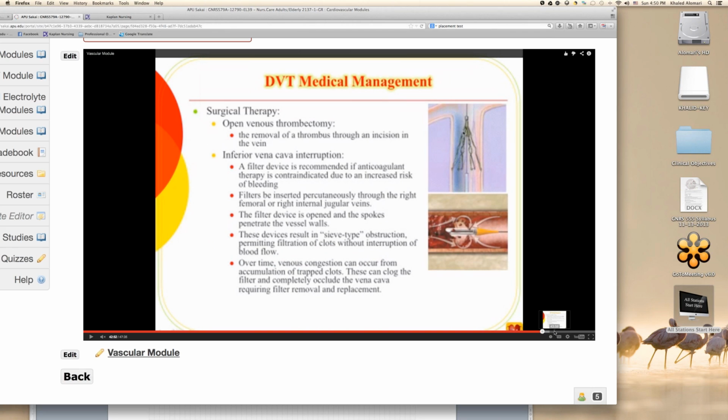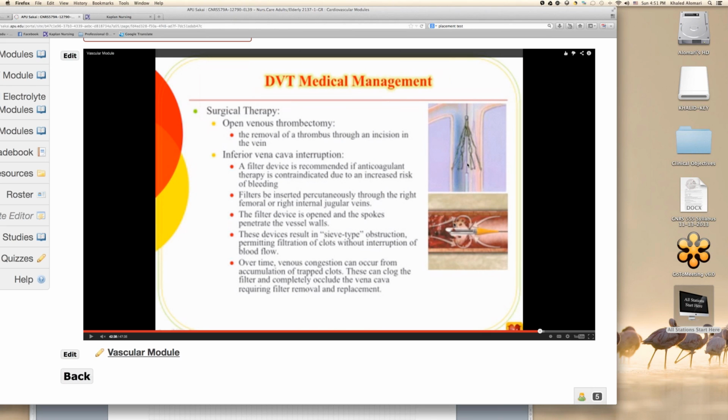Alrighty. We talked about the use of anticoagulants. For the patients who cannot take anticoagulants, we have a solution. We have what's called an inferior vena cava filter, which is pretty much a metal filter that's inserted through catheterization and left in the inferior vena cava.